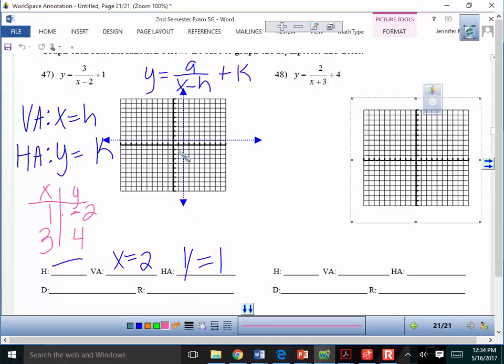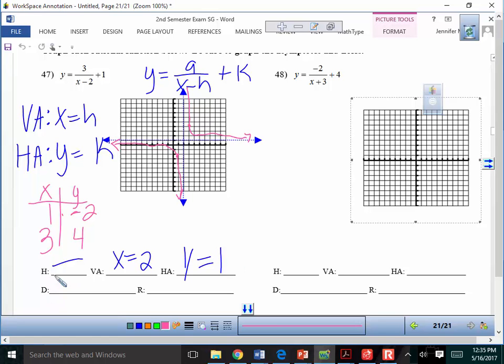You go over 1 and down 2, over 3 and up 1, 1, 2, 3, 4. Okay, and then we just graph this. You know what it's supposed to look like and not cross that line? Any questions here so far?